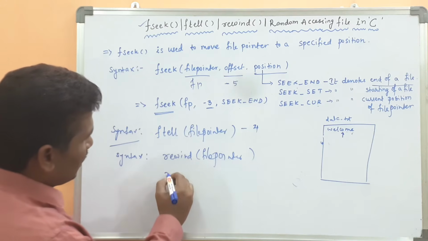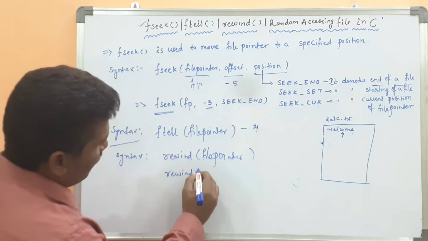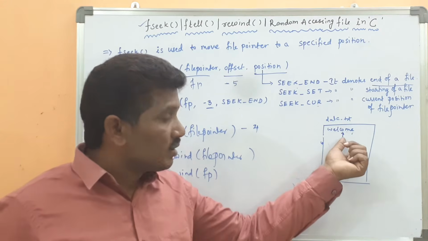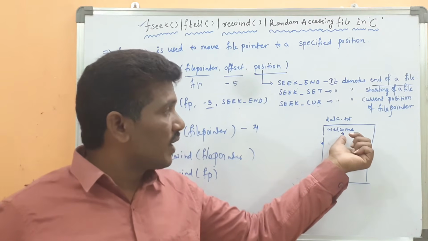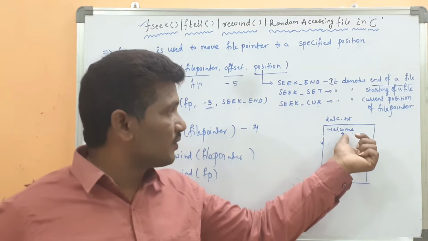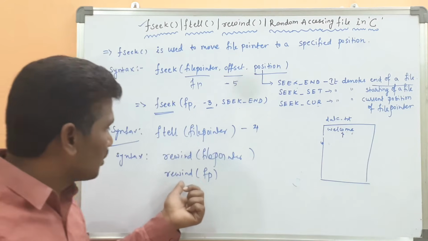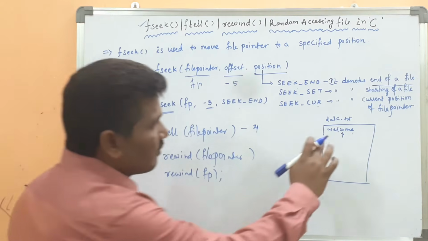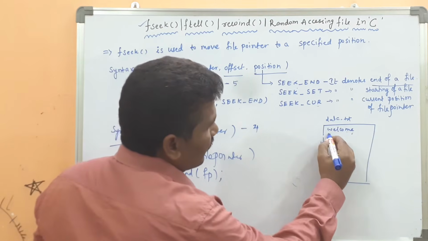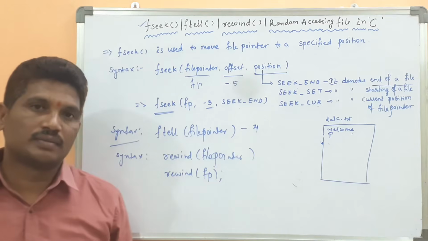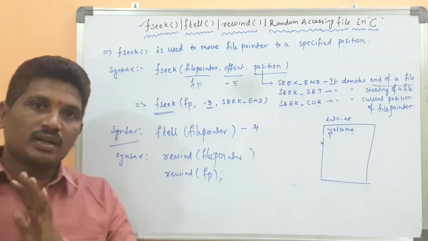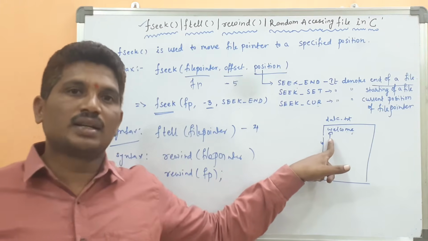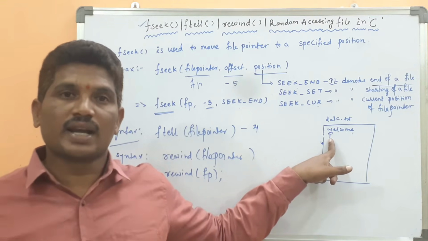For example, rewind(fp): now where is the cursor in the file? The file pointer is at the 4th byte. Once the statement has executed, the cursor will be at the beginning of the file, at the starting character of the file.